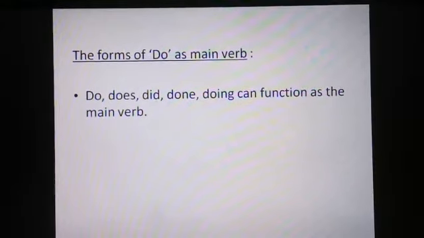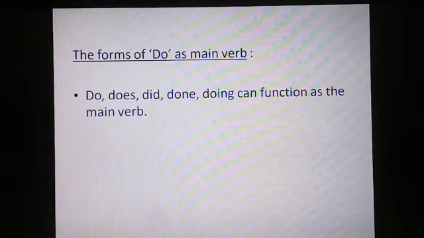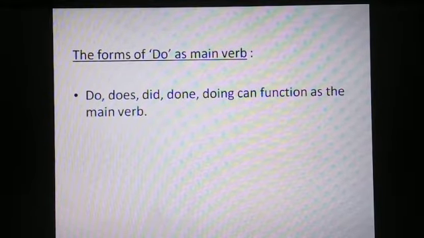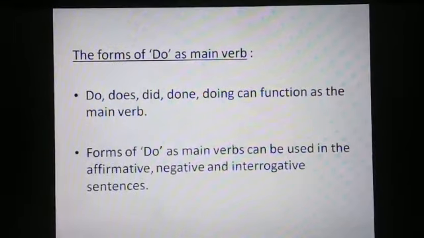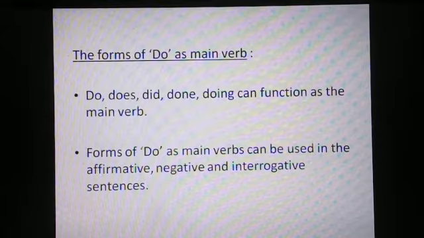Now, children, when we use do, does, did as helping verb, we mostly use them to make negative and interrogative sentences. But when we use the forms of do as main verbs, they can be used in the affirmative, negative, and interrogative sentences.